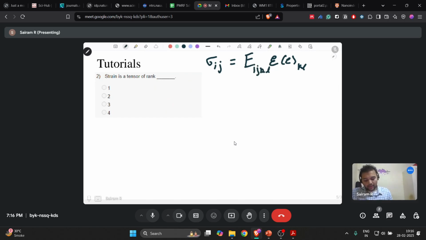Let's maintain a standard notation where we'll just write sigma ij equals capital E ijkl times strain epsilon kl. So strain is a second degree tensor.